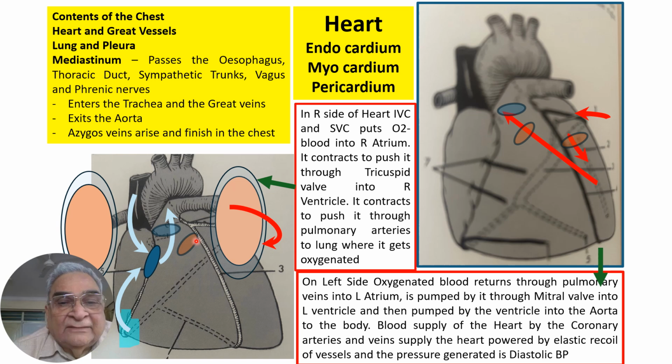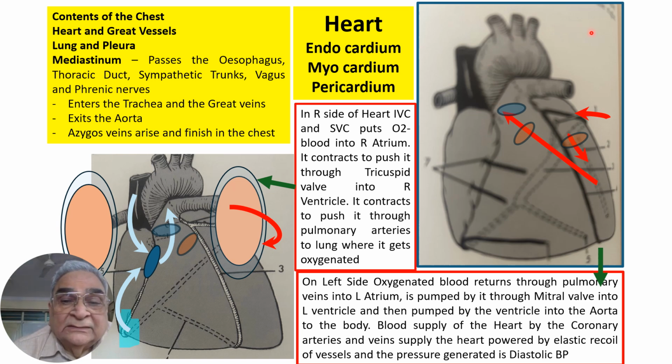So on the right side, you see that the blood comes from the superior and inferior vena cava, passes through the tricuspid valve into the right ventricle, is pumped from the right ventricle into the pulmonary arteries, into the lungs, gets oxygenated there and returns through the pulmonary veins into the left atrium, passes through the mitral valve into the left ventricle, and is pumped through the aorta into the rest of the body.